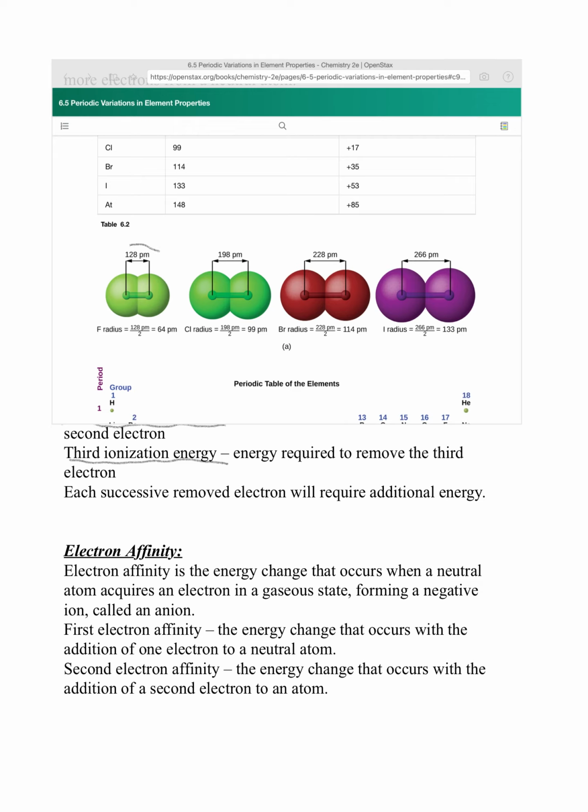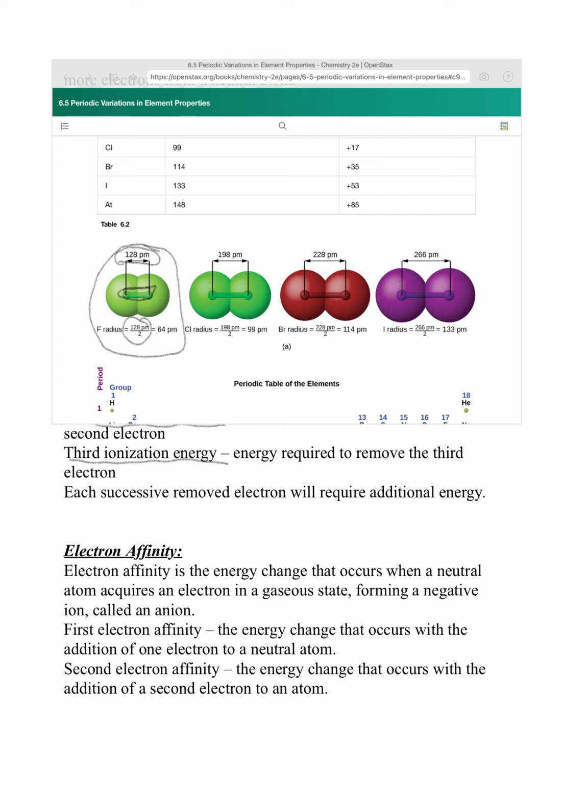These are two atoms of the same element bonded together. We call that a diatomic molecule because they're both the same element. What you do is you measure the distance between the nuclei of those two atoms and you divide it by 2. So here it's 128 picometers, and you divide that by 2. That's what they're showing down here. So the radius is half that number, 64 picometers. So we'd say the atomic radius is 64 picometers.